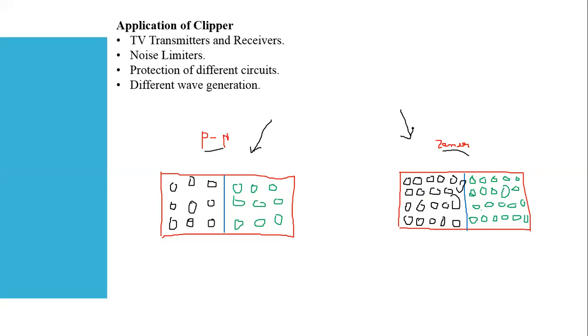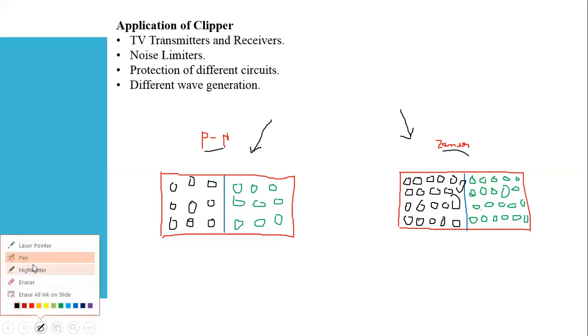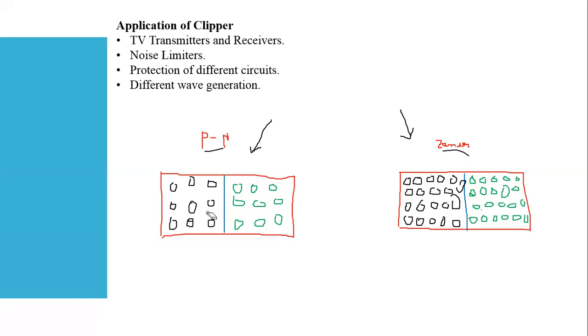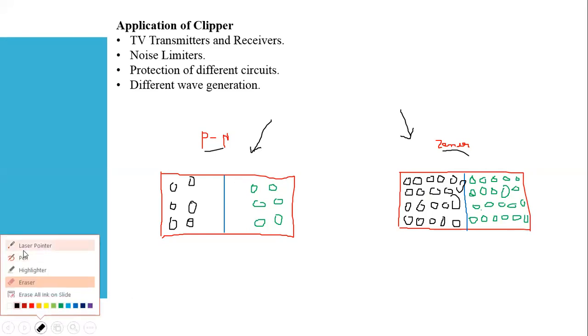Now due to heavy doping in this, I told you about the diffusion process when we studied the PN junction diode. Due to the diffusion process, all these electrons are diffused to the P side, so that will fill this space.